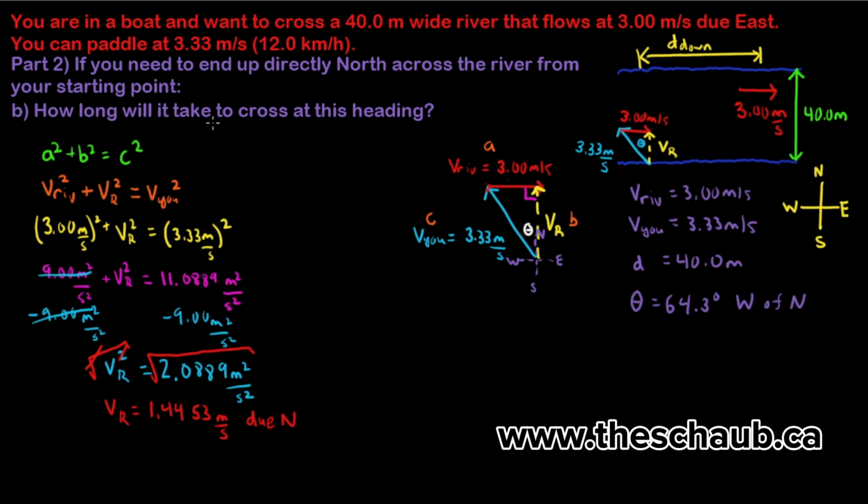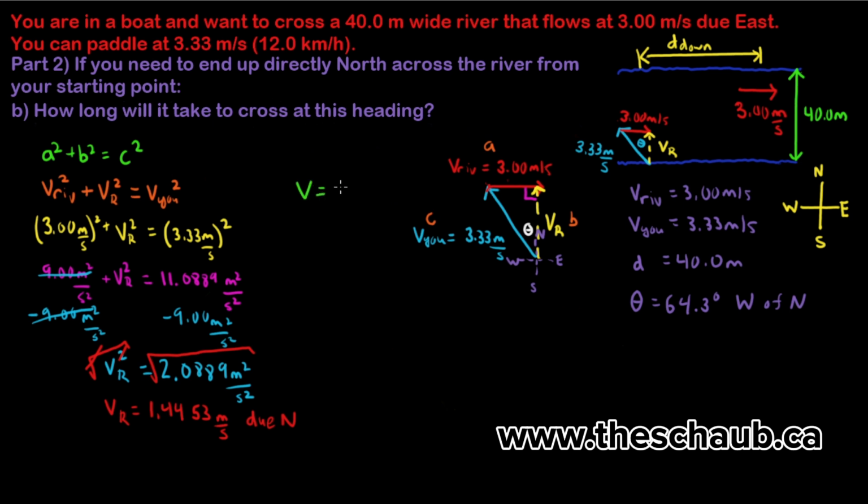In this question, we're asked how long it will take to cross at this heading. So now we have the velocity resultant you would have at this heading. We know the river's still 40 meters wide. There's no acceleration, so to find the time it would take you to cross at this heading with this resultant velocity, we can simply use our equation of motion.